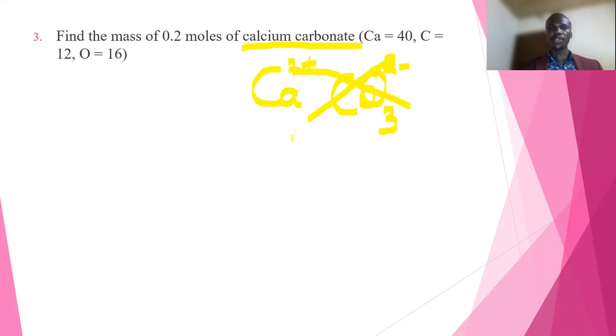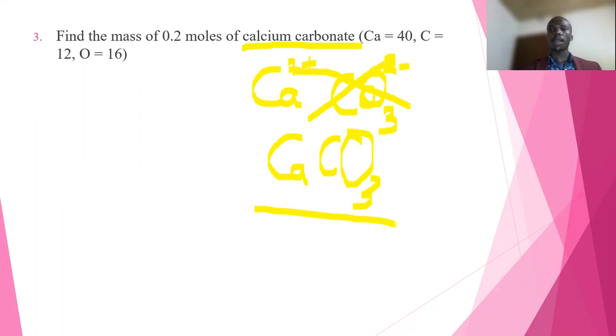Then you will be able to get something written as this. So that is how we write calcium carbonate. So you should be able to add. If you add, that is 40 plus 12 plus 48, because 16 times 3 is 48. Should be able to know that.